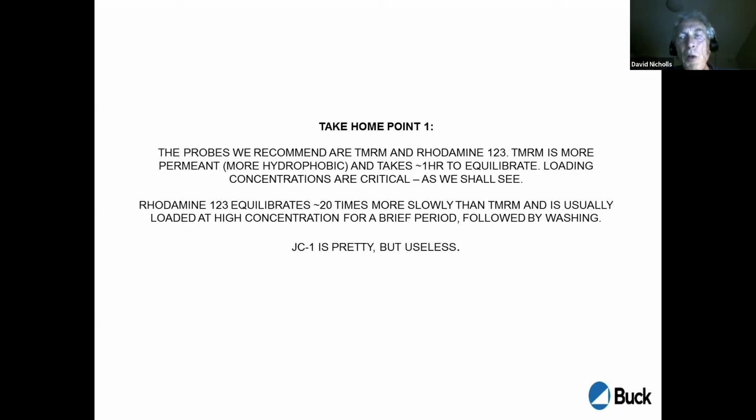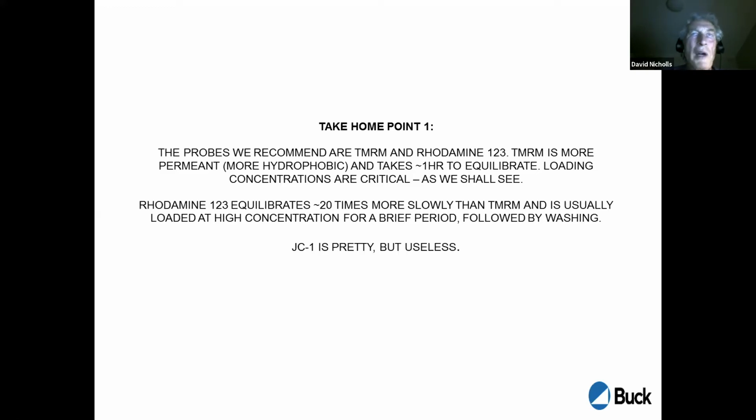If any of you are using these fluorescent techniques, you might have come across or read about something called JC1. JC1 is pretty, but pretty useless. It gives a red fluorescence when it's aggregated and a green fluorescence when it's monomeric. And crudely, that is said to be a way of monitoring the membrane potential.